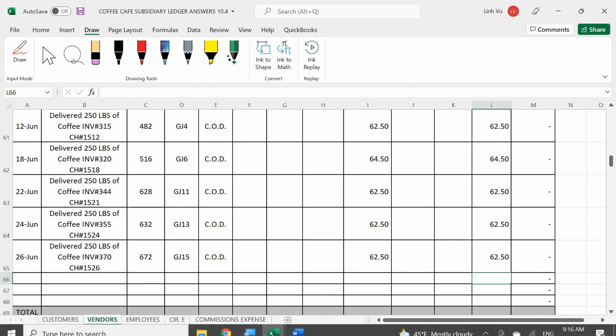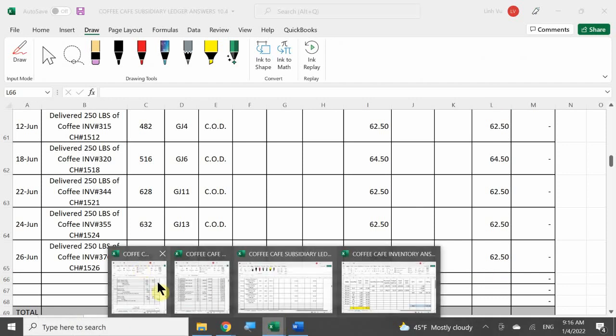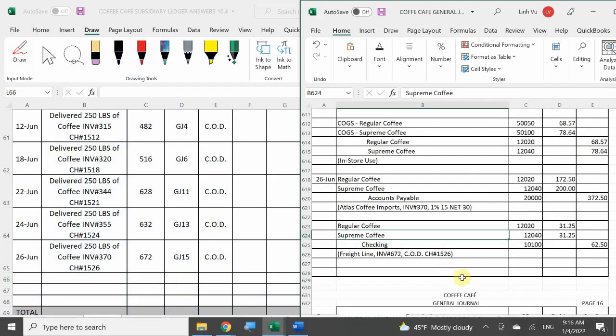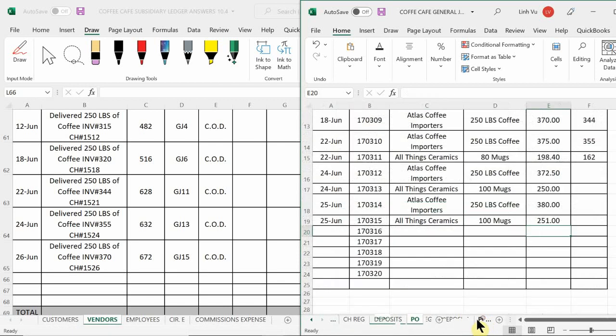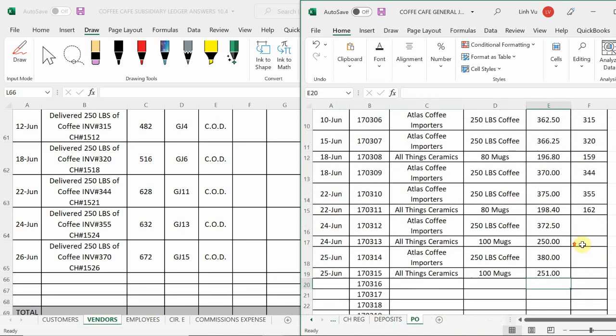Before updating the inventory, let's go ahead and update the purchase order to say that we received the order for the 250 pounds of coffee for the 372.50. That was invoice number 370.